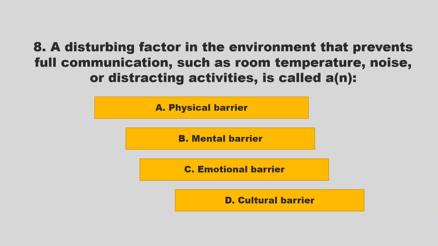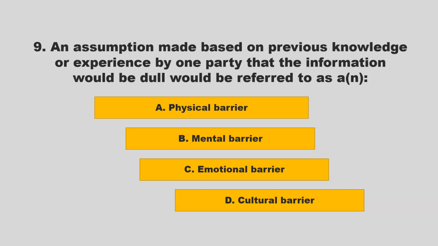A disturbing factor in the environment that prevents full communication, such as room temperature, noise, or distracting activities, is called a physical barrier, mental barrier, emotional barrier, cultural barrier. If you chose A, physical barrier, you are correct.